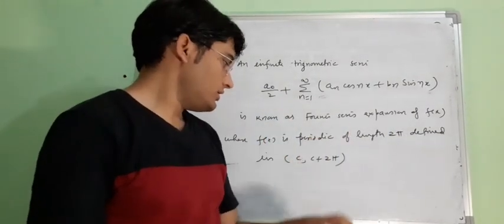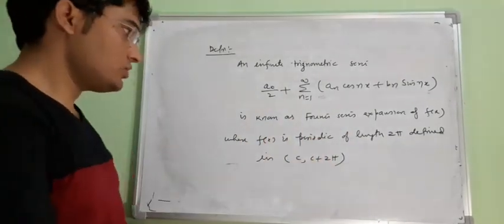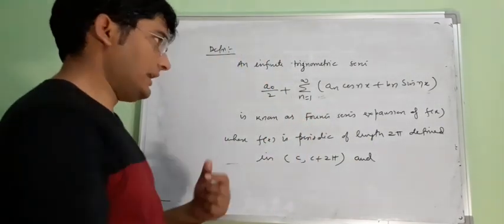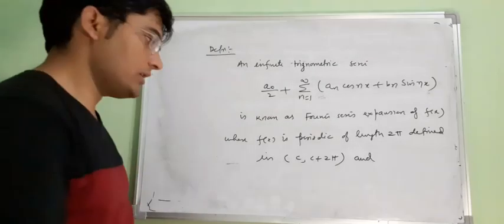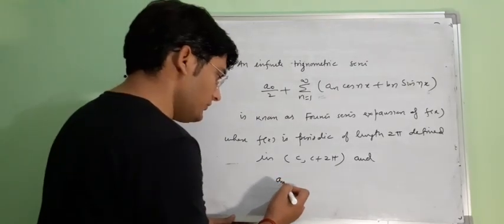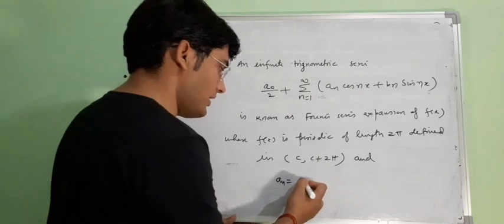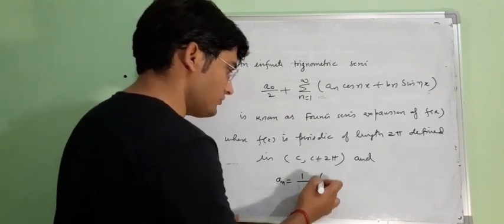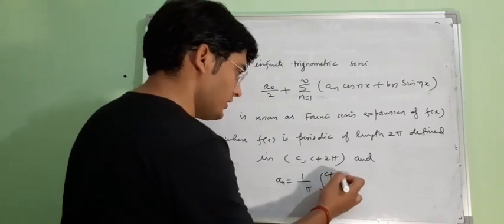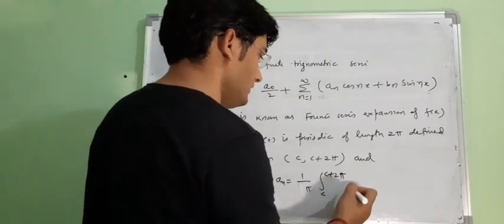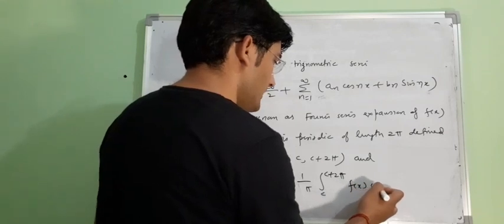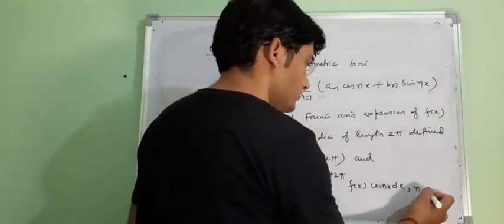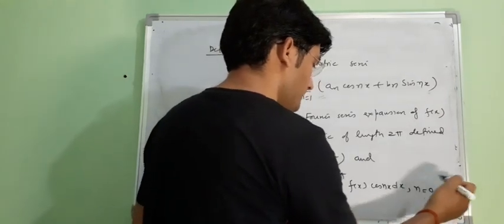2 pi defined in the interval c, c plus 2 pi, and the coefficients a0, an and bn are known as Euler formulae, where my an is equal to 1 upon pi integral from c to c plus 2 pi f(x) cos nx dx. Here my n is 0, 1, 2 and so on.